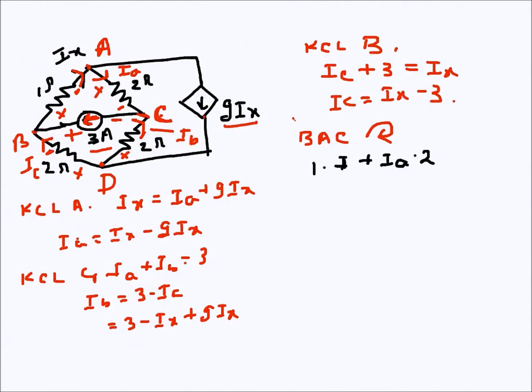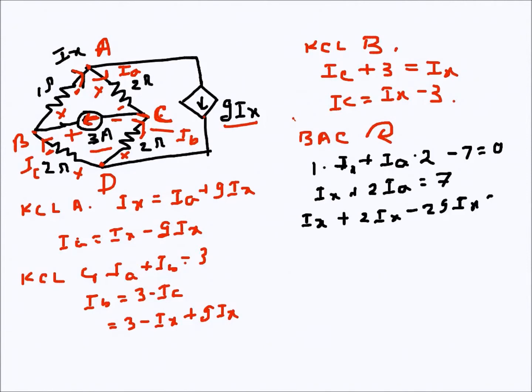Sorry, this is Ix. And then the third one is a rise, which is 7. So Ix plus 2IA is 7, or we can say Ix plus 2Ix minus 2Gix. So basically instead of IA I am writing this expression, so it's becoming 3Ix minus 2Gix is equal to 7. This is one equation.